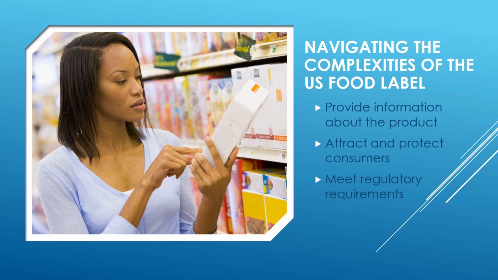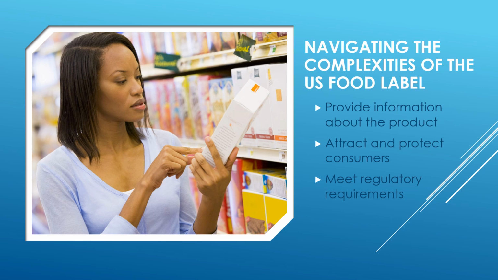The food labeling laws are a little bit complex, but there is some key information that you need to make sure you have, and my rule of thumb is always to just keep it simple, at least at the beginning.